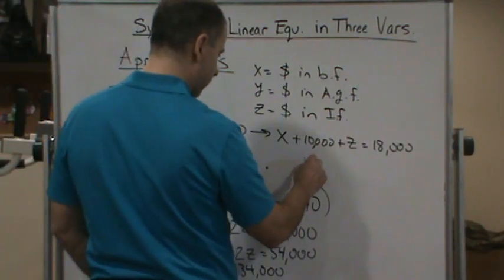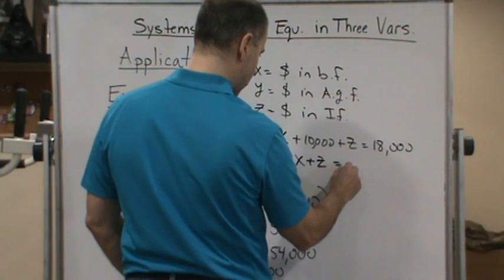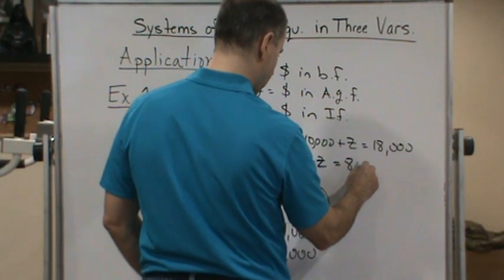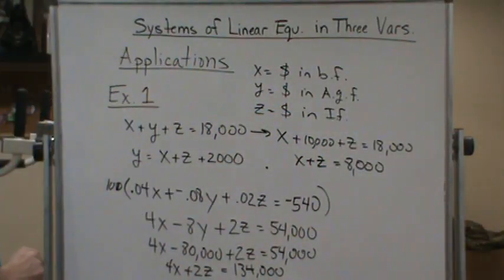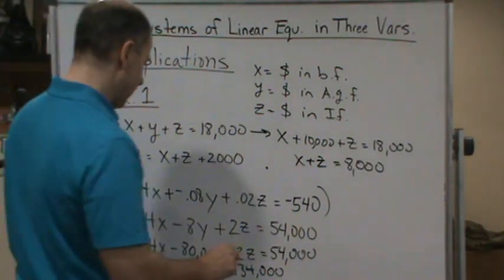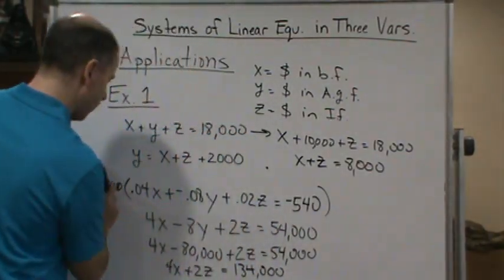And over here, this will become x plus z equals 8,000. So now if I bring this over here, right? So now let's erase this.